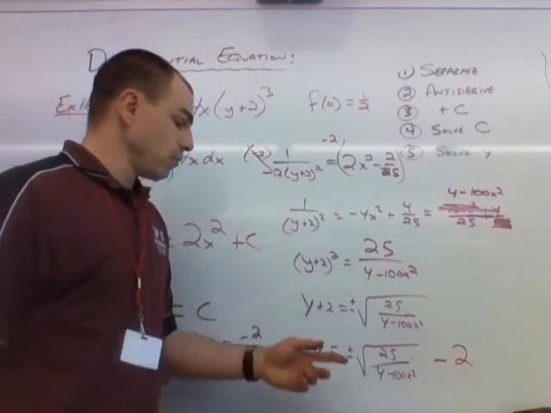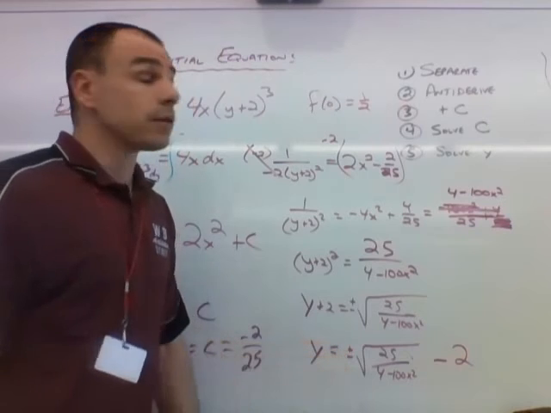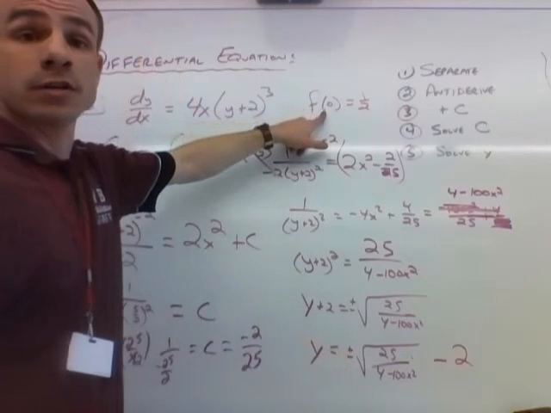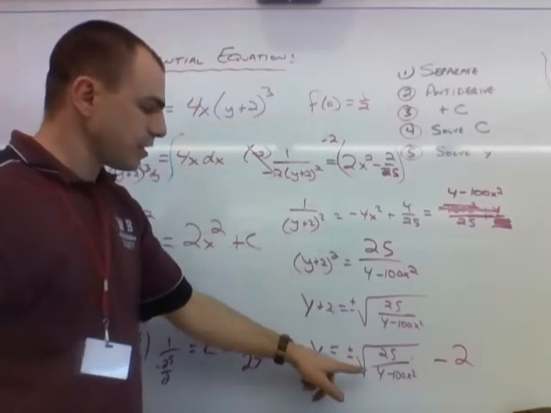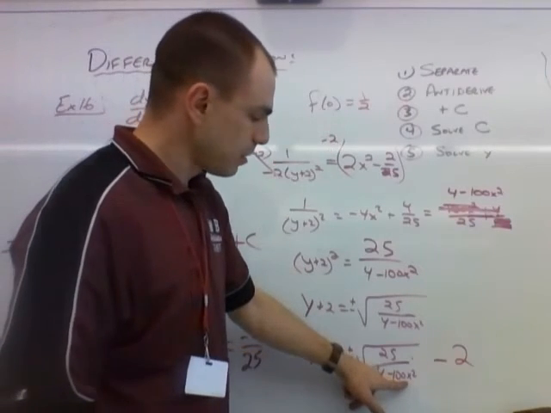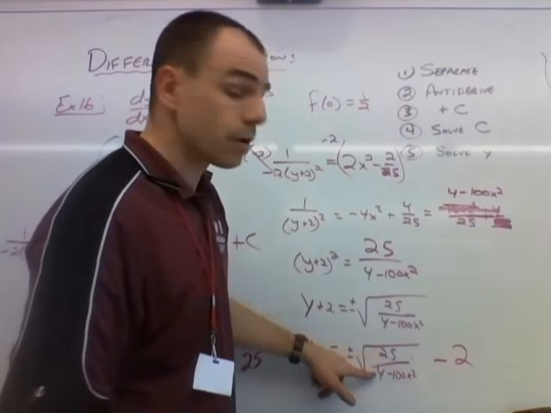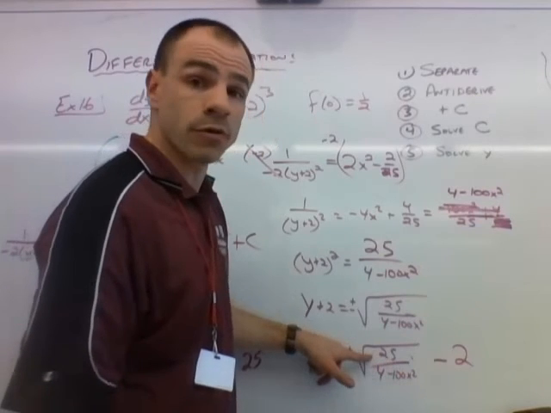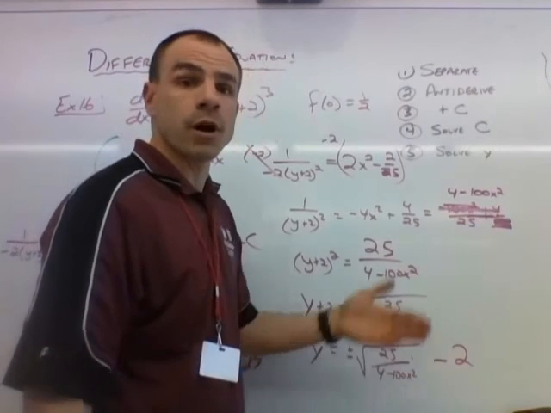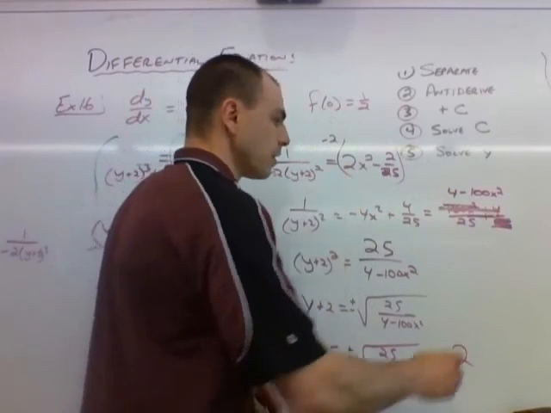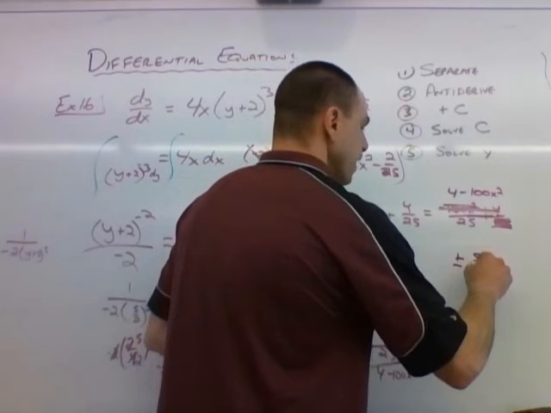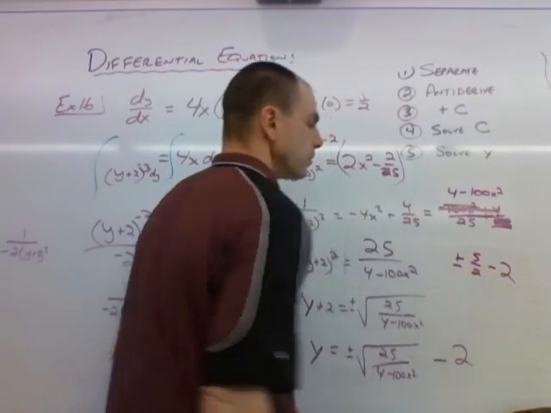Okay, so which one is it, plus or minus? Well, we go back to the initial condition. When we plug in 0, we need to get a half. So if we plug in 0 for x, then we have 25 over 4. The square root of 25 over 4: square root of 25 is 5, square root of 4 is 2, so this becomes plus or minus 5 halves minus 2.